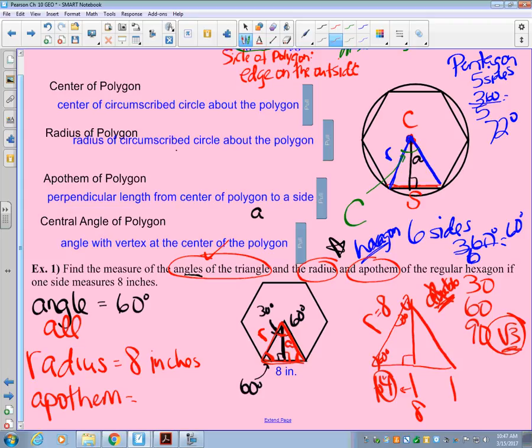Close. But instead of multiplying the 4 and the 3 together, just say root 3. 4 root 3? Yes. Because all you do is take your short side and multiply it by root 3 to find the medium side. And that's this guy right here.